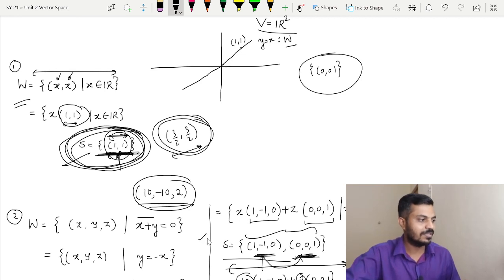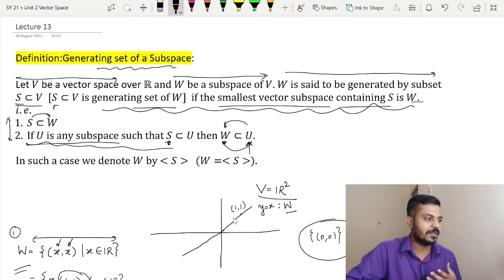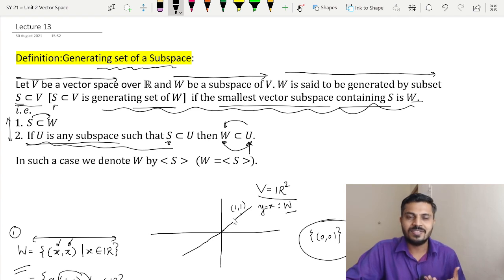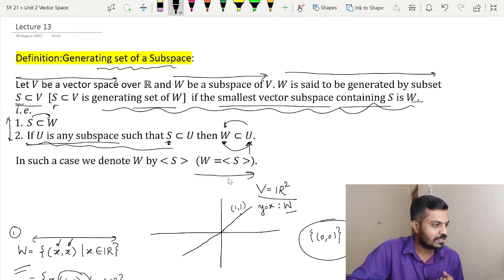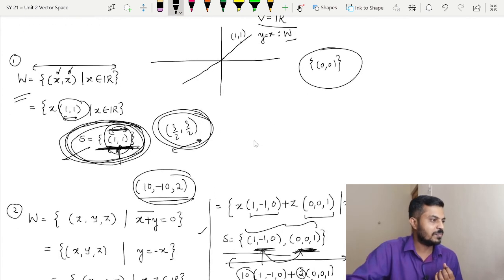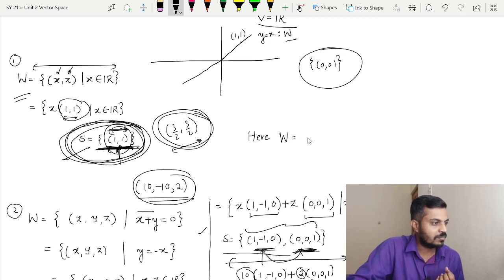Similar will happen in the case of the second example as well. Now whatever this generating set is, we use some notation in order to denote it. Whenever S is a generating set of W, we denote it somewhat like this: W is generated by S. So in this particular example, W is generated by S, where S is nothing but the set containing the vector 1 comma 1.